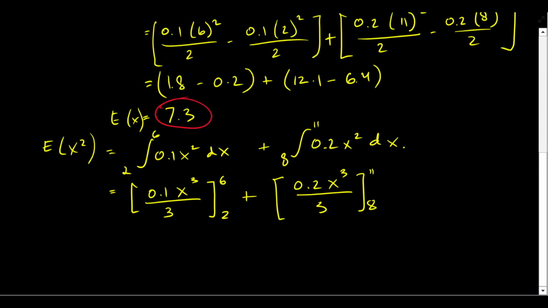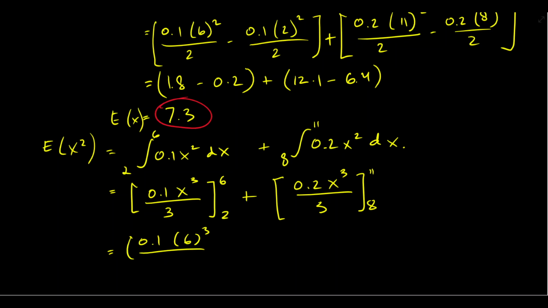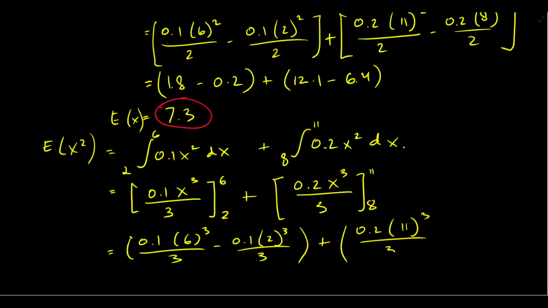So again, for x equals to 6, this is 0.1 times 6 cube over 3, minus 0.1 times 2 cube over 3, plus 0.2 times just directly 11 cubed over 3, minus 0.2 times 8 cubed over 3.